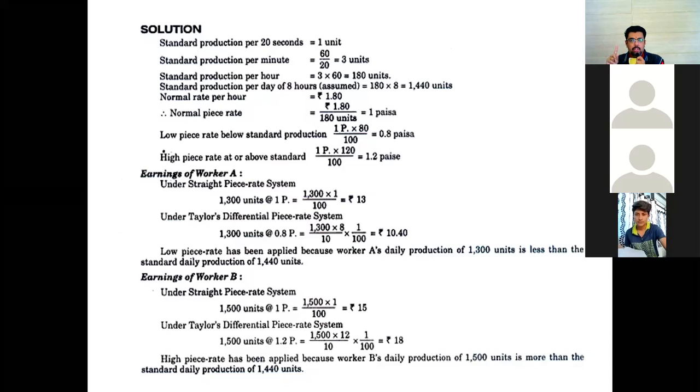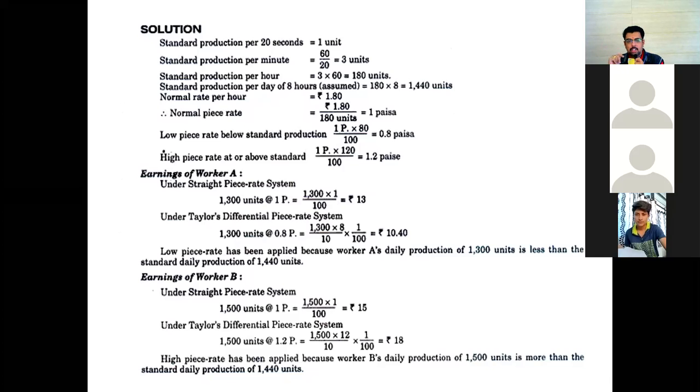So standard production per minute, how are you going to calculate that? That is 60 seconds divided by 20 seconds, equal to 3 units. Means per minute you are going to manufacture 3 units of production. That is standard production per minute.